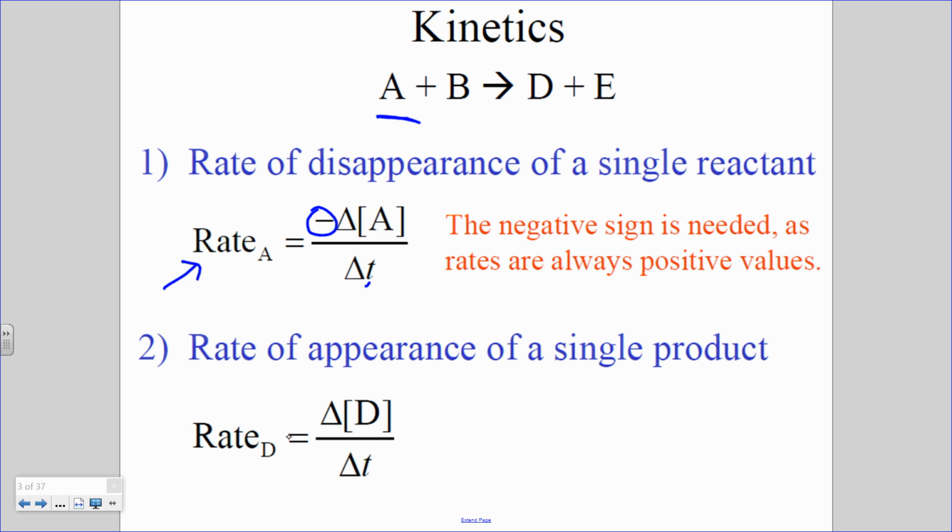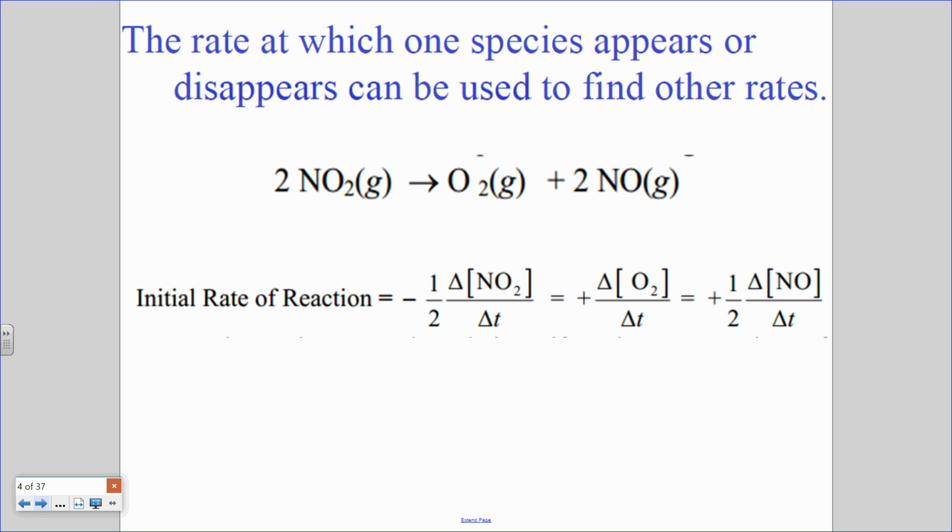When we talk about products, D is a product. So if we talk about the rate of D, we're talking about the rate at which it appears, which is the change in concentration of D over the change in time. If we know the rate at which one species appears, we can find the rates at which all the other species either appear or disappear.